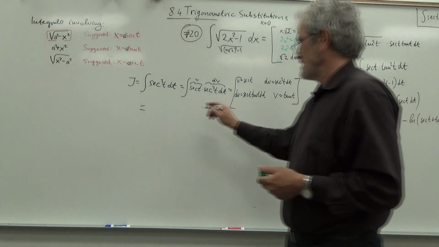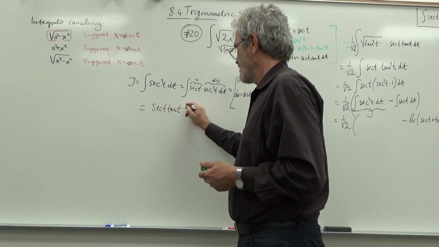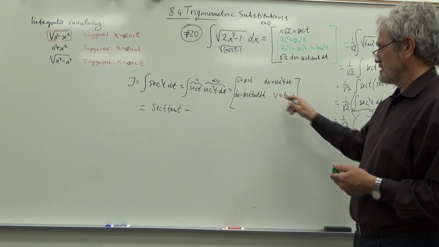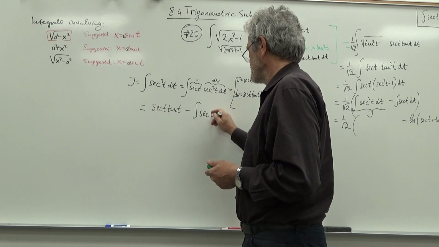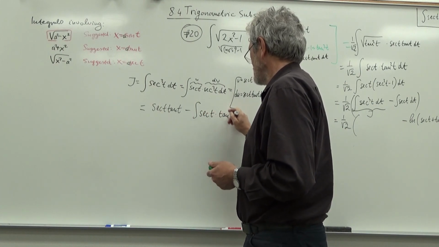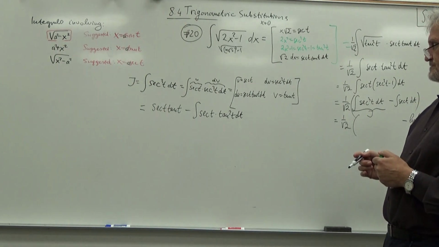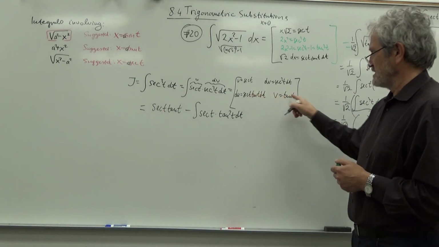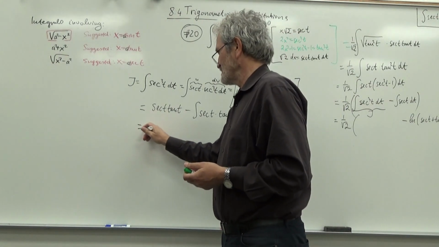We get secant t tan t minus integral of v du, which is integral of secant t times tan squared t dt. Secant t tan t and tan squared t. And what's that? It gives us the chance for looping.